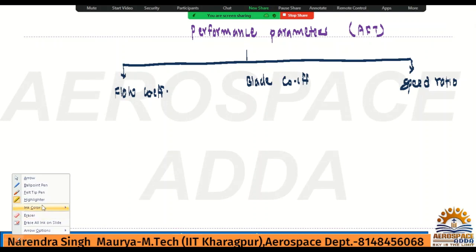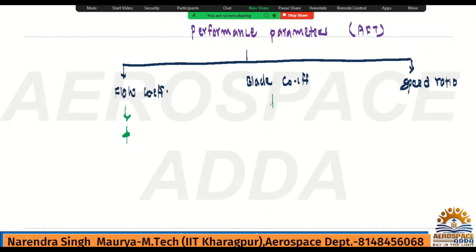Same thing we had seen for the compressor also. The flow coefficient is denoted by phi, the blade coefficient, if you remember, is denoted by psi, and the speed ratio is denoted by sigma.